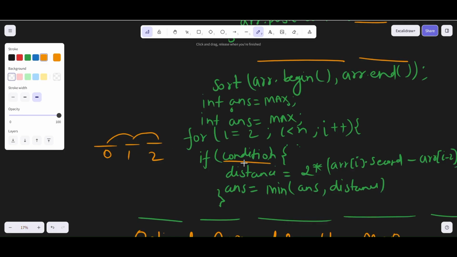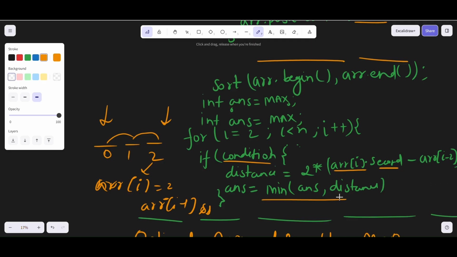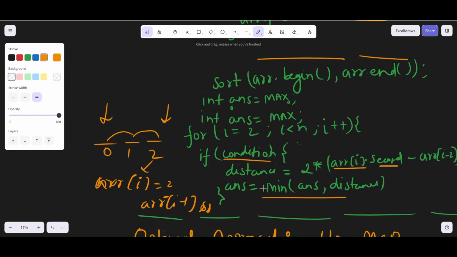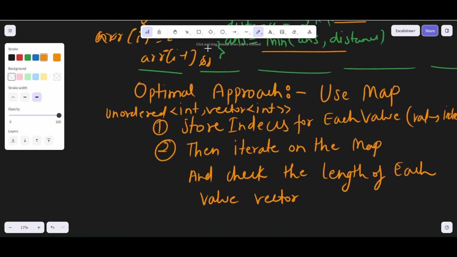Then we check if they satisfy the condition, meaning array of i equals array of i minus 1 and array of i minus 2. Then the distance is 2 times array of i dot second, which means the third value minus the first value. At the end we take the minimum of all these. This is the optimized solution, but we can further optimize it.